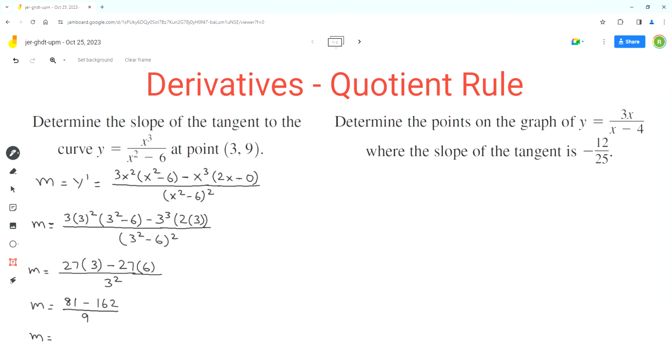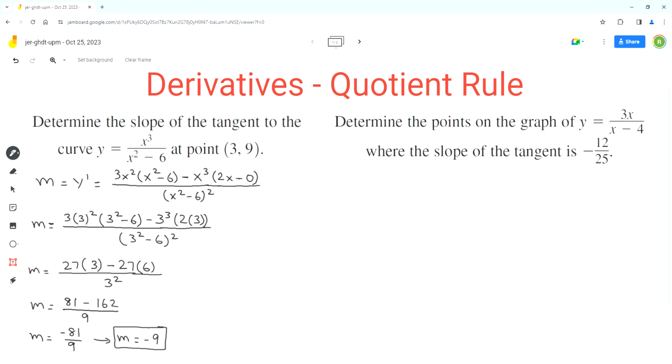So we get m equals negative 81 over 9, which can be reduced to just m equals negative 9. So this should be the final answer for the slope of the tangent to the curve at point (3, 9).